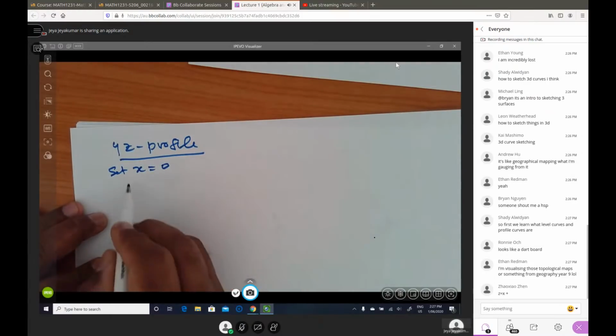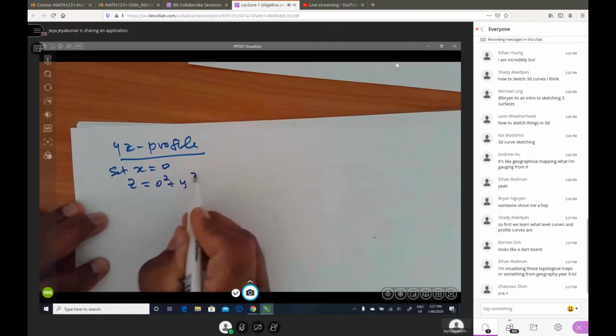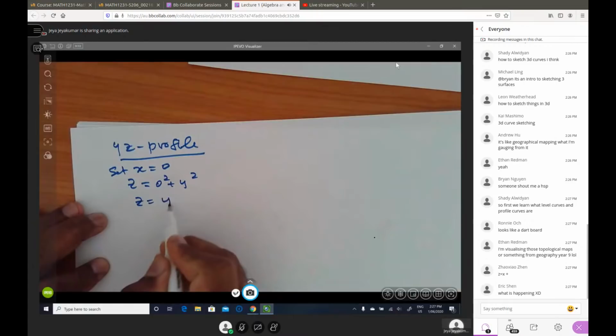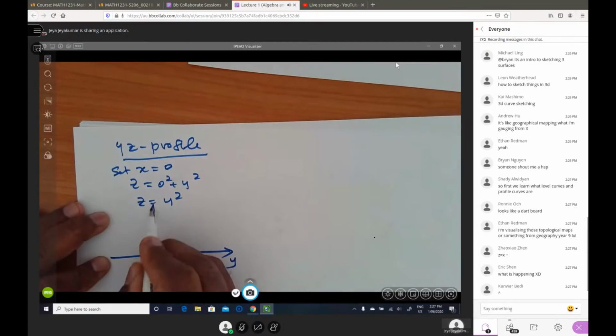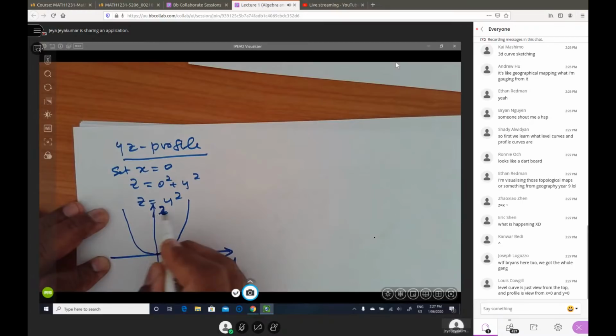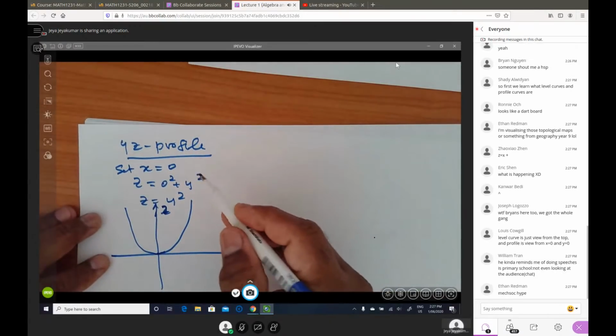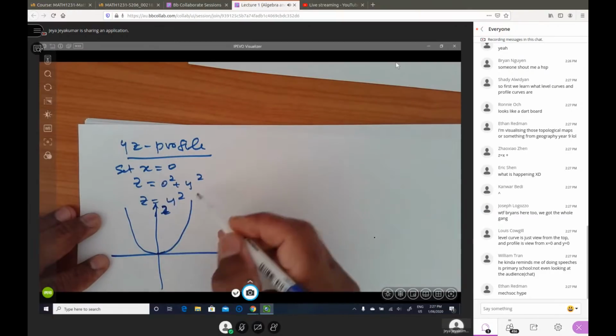So x equals 0, 0 squared plus y squared, so z equals y squared. That gives you in the yz plane z equals y squared, it's a parabola. So that means the intersection of the surface with the yz plane where x equals 0 is a parabola.